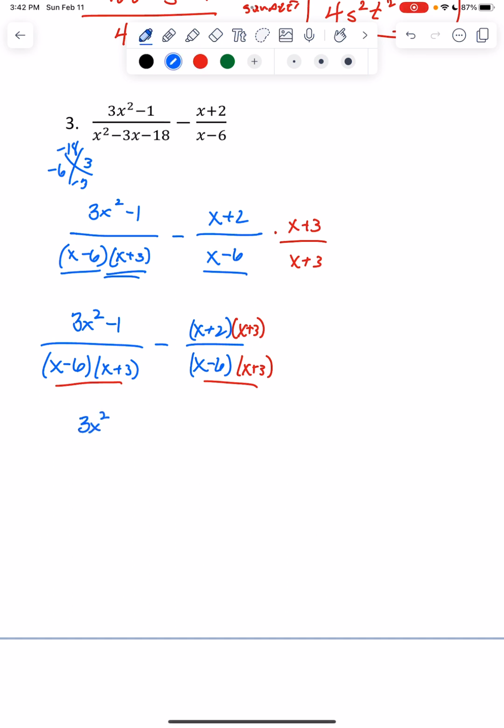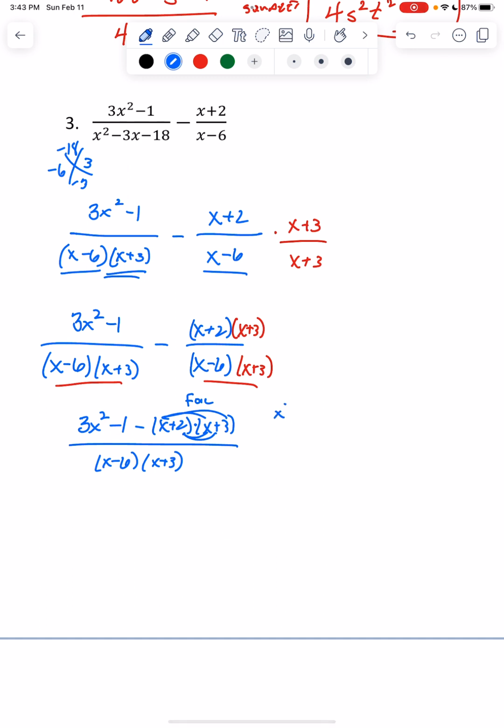So we go 3x squared minus 1 minus x plus 2 times x plus 3 over x minus 6, x plus 3, okay? And then we need to simplify the top. Remember, there's multiplication between these two, so we've got a FOIL here, okay? So when we FOIL that, I'm just going to write it off to the side here to save a little bit of time.